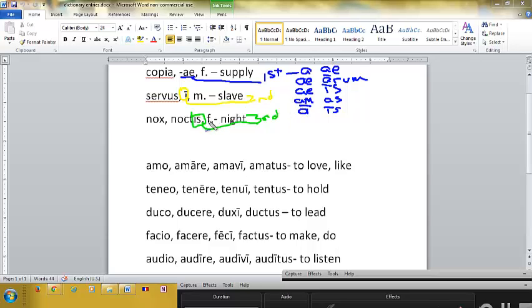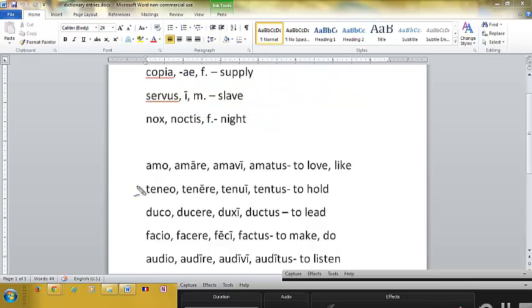Now, if we look down here at the verbs, they're a little bit different, and we're being told different things about them. The first thing that they always give you is the first person singular in the present tense. So this is I love, this is I hold, this is I lead, this is I do or I make, this is I hear or I listen.